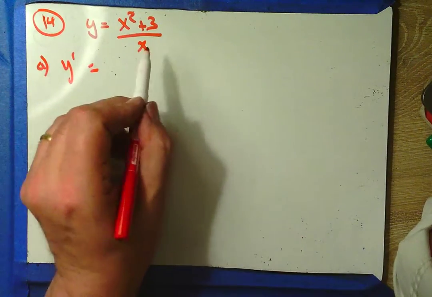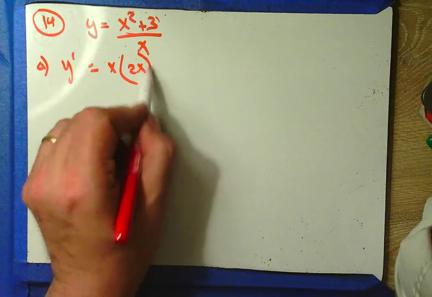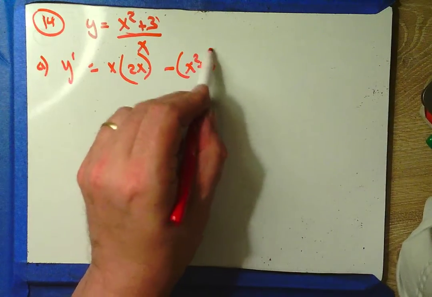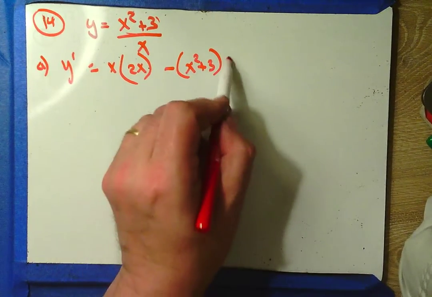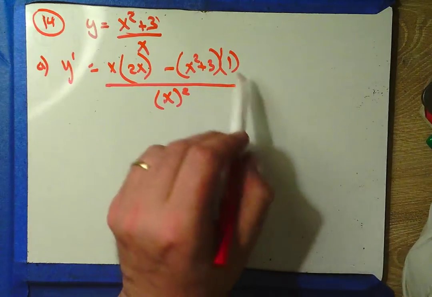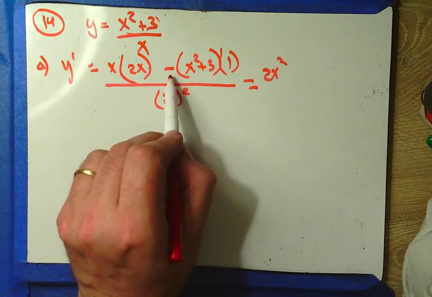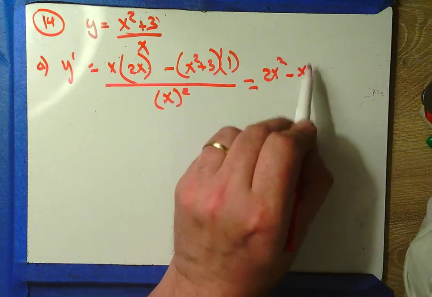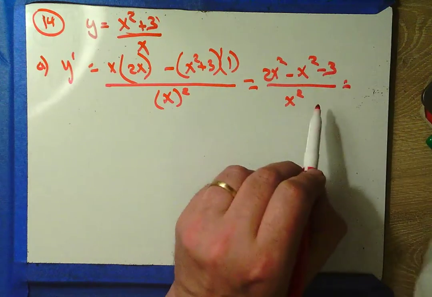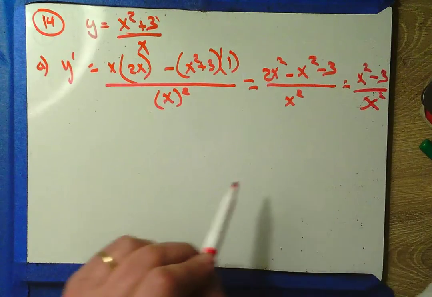Remember, the quotient rule is low, d high, the derivative of this stuff will be 2x, minus high, x squared plus 3, d low, the derivative of x is 1, all over low squared. So up top, I'm going to have 2x squared. Don't forget to distribute this negative, minus x squared minus 3, all over x squared, which is x squared minus 3 over x squared.